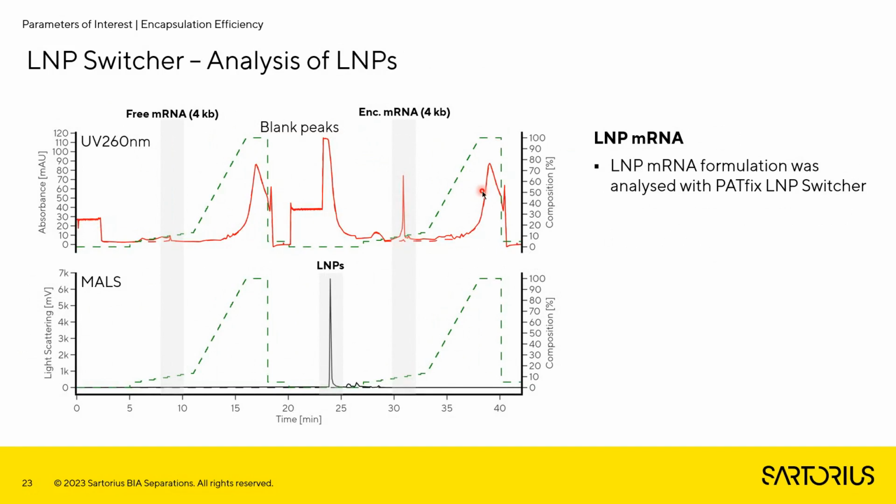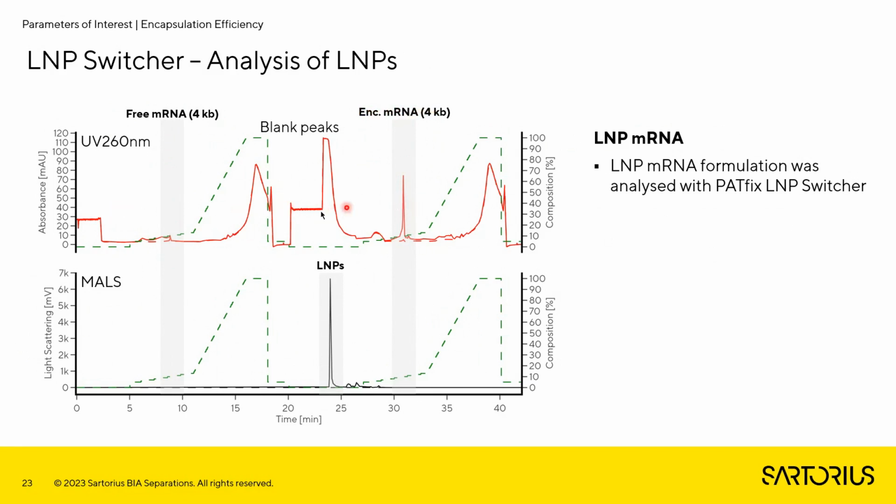So here is the example of an LNP sample encapsulating mRNA. In the area of free mRNA elution, we can see a small peak representing the free mRNA inside of the LNP formulation. And in the area of the encapsulated mRNA, we also have a peak representing encapsulated mRNA.